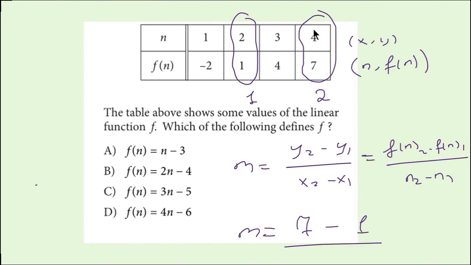Now n2 is 4 and n1 is 2. So the slope is the division of those differences, right? So that's 6 over 2. Therefore, the slope here is 3. Now, which of the choices has m equal to 3, slope equal to 3? The only choice that contains slope equal to 3 is C. So C is your correct answer.